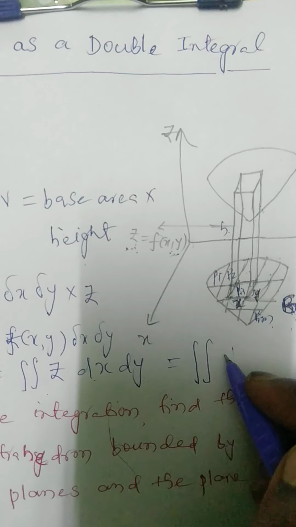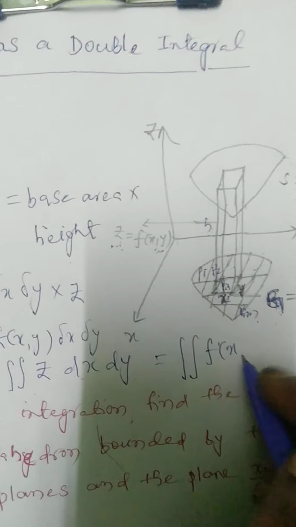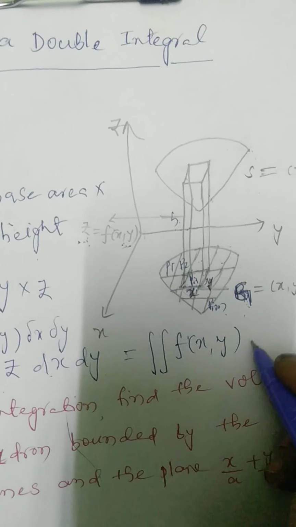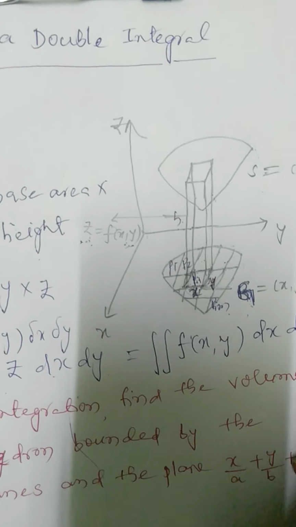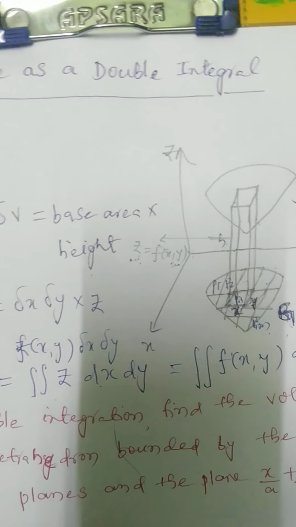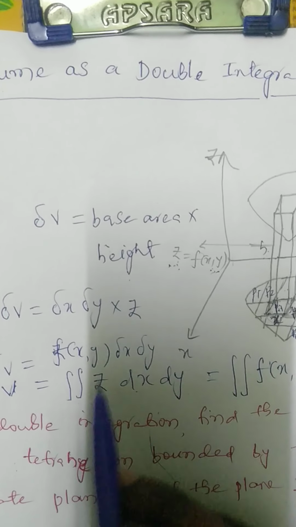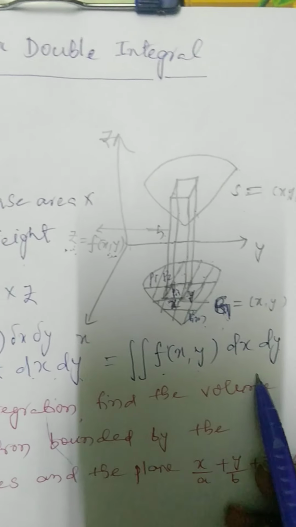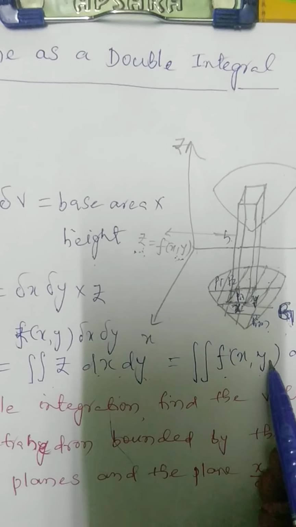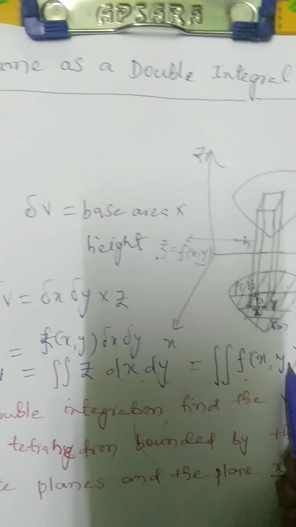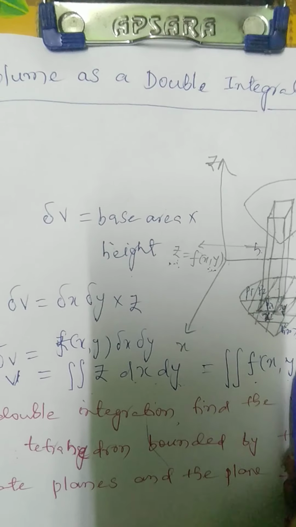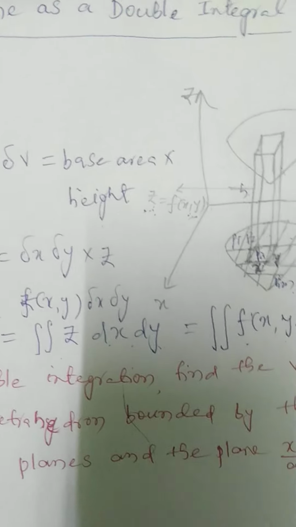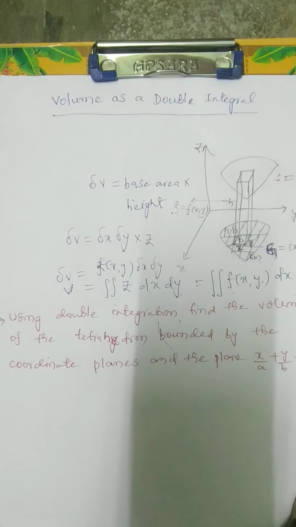V equals double integral z dx dy, where z is nothing but f of x comma y. So V equals double integral f of x comma y dx dy. By using this formula, we are going to find the volume of the three-dimensional figure. I'll explain this with one problem so that you can understand clearly.